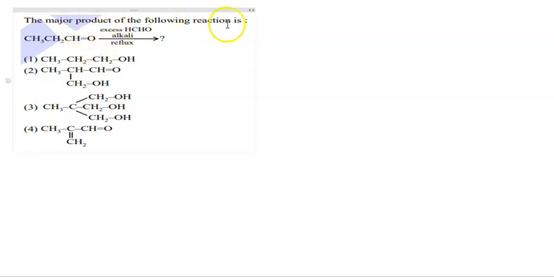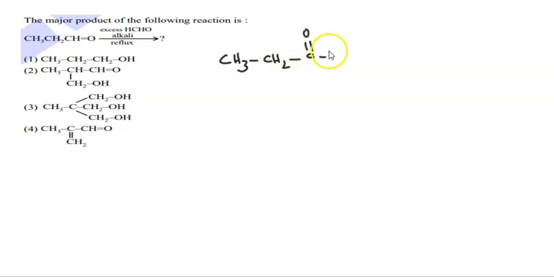The major product of the following reaction is, here propanaldehyde is given, which is on reacting with excess of formaldehyde in the presence of alkali. So if I take propanaldehyde, CH3-CH2-CHO, which is on reacting with formaldehyde in the presence of base.